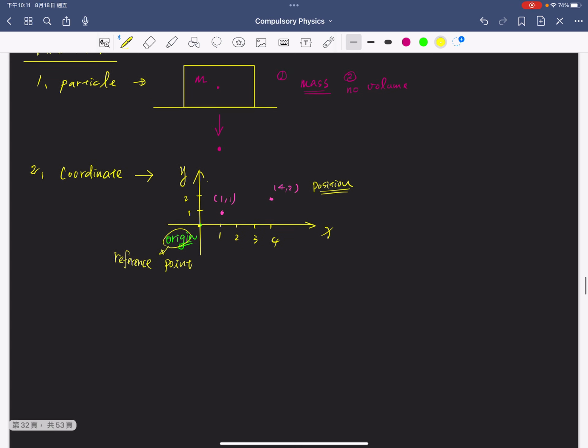Okay, so when we finish knowing the coordinate positions, and if you want to describe the distance, or maybe you want to know how long it traveled, there are two ways to help us describe these things. The first one is path length.